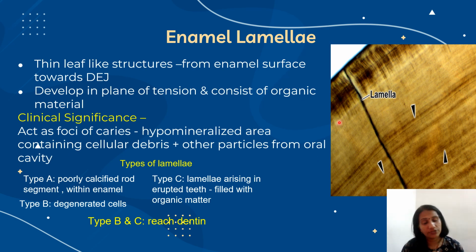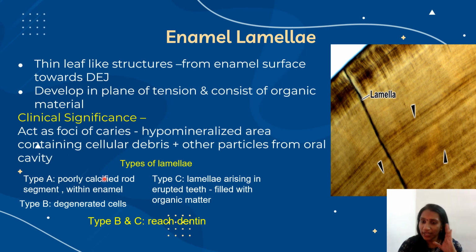Then you have three different types of lamellae. The lamellae are divided into three types: A, B and C. A is typically made up of poorly calcified enamel rods. B is made up of poorly calcified enamel rods and degenerated cells. C is completely made up of organic matrix, and this is seen mostly in erupting teeth.